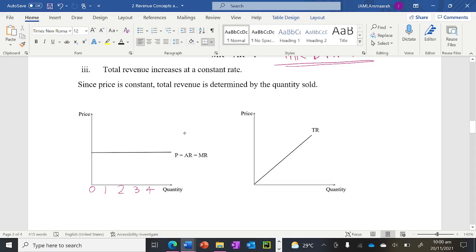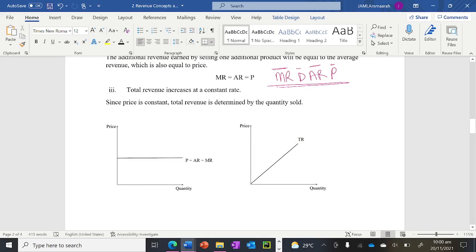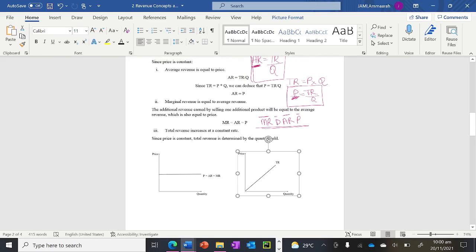So let's just assume that this is 6. If you produce 0 units of output, your price is $6. 1 unit, your price is $6. 2 units, $6. 3 units. In a perfectly competitive market, you're assuming that the price is constant. It's the price set by the market, it's not changing.